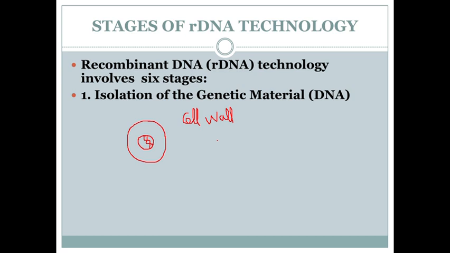Now once in the solution, the second step is the digestion of the other biomolecules. For digestion of other biomolecules, we add different types of enzymes: we add lipases, we add carbohydrases or amylases, and we add proteases and RNases, all such enzymes which will digest all other biomolecules excepting our DNA.